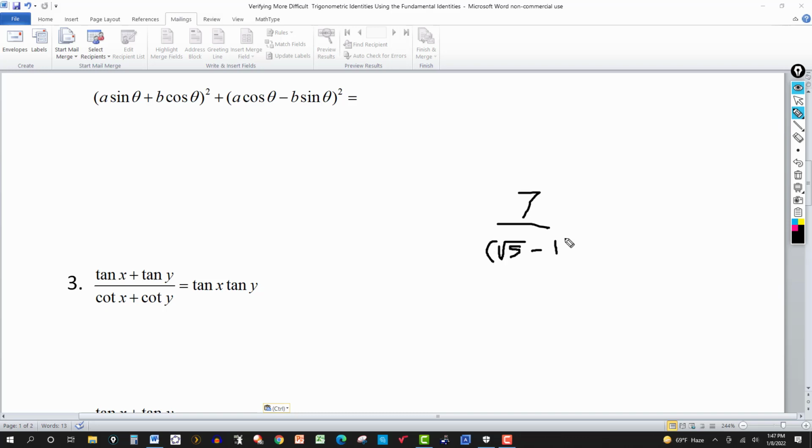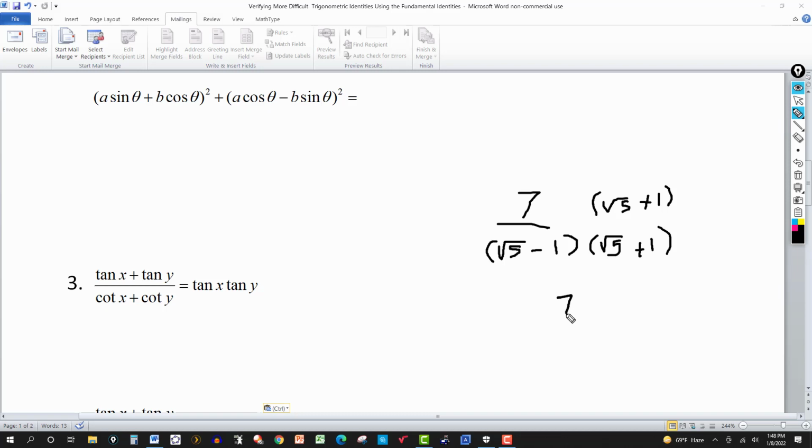So we apply the conjugate and multiply this by radical 5 plus 1, and we do the same to the numerator. Then it's legal. Again, we're just multiplying by 1, so we haven't changed it.